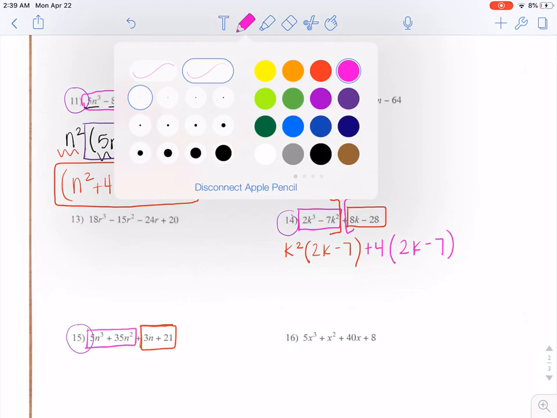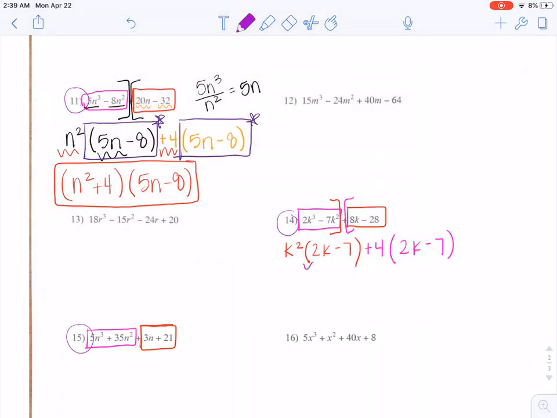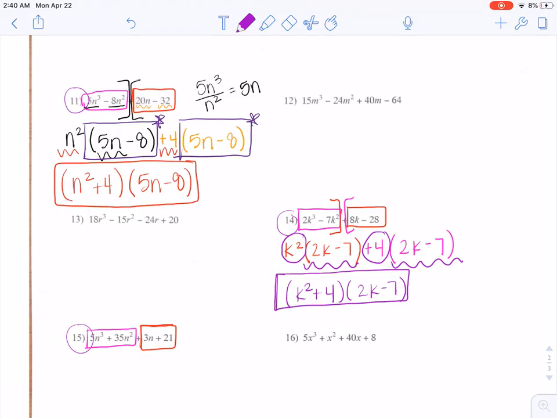Well, do we have the same terms in our parentheses? We do, so we know that we did it right. So if I rewrite this, I have 2k minus 7, and then in my first set of parentheses, I have k squared, because my k squared and my positive 4 go together to complete the factored form of this polynomial.